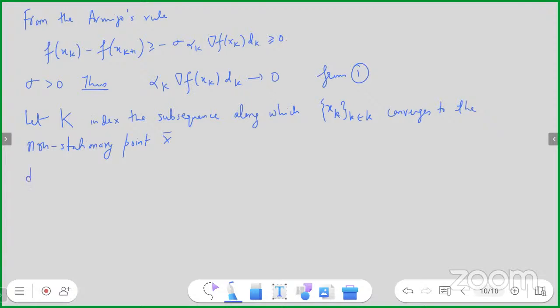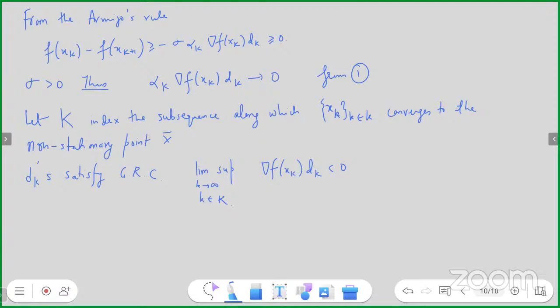Now recall that the directions dk satisfy the GRC. So what does it mean? That the lim sup of del f of xk dk is less than 0 over k going to infinity, k belonging to capital K. That's just by hypothesis that we have started with the fact that the gradient directions satisfy the GRC. Okay. So we have this equation number 2, we have equation number 3.